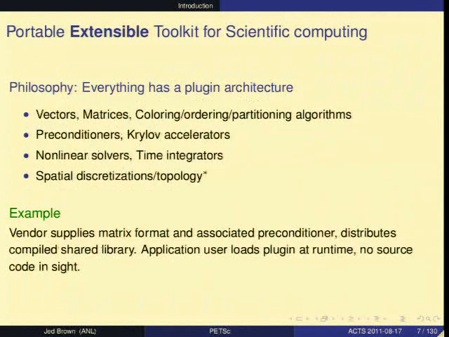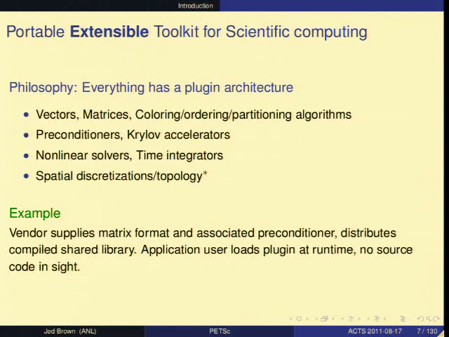So it's extensible in the sense that every component of PETSc, if you want to make that component your business, you can extend it arbitrarily. So basically all of the complicated code within PETSc is in plugins, and you can create your own plugins.